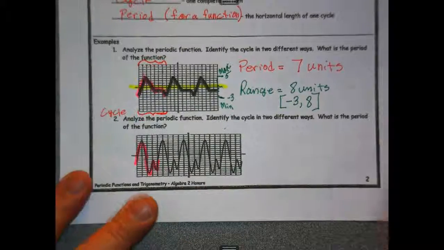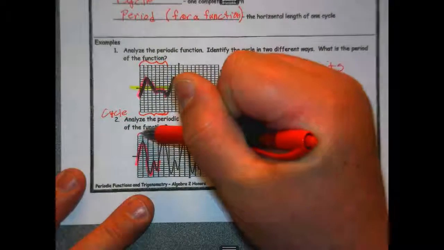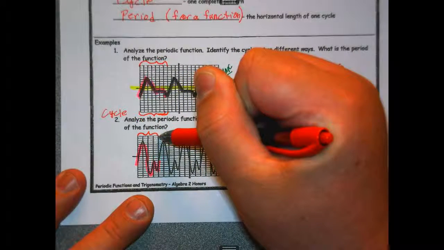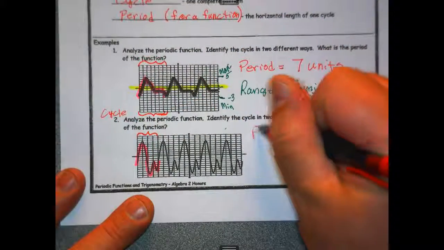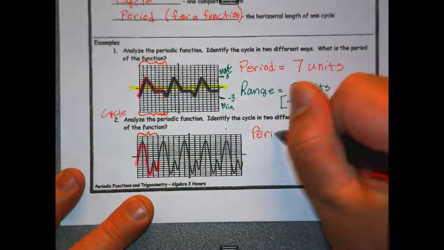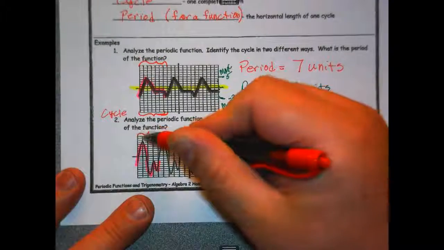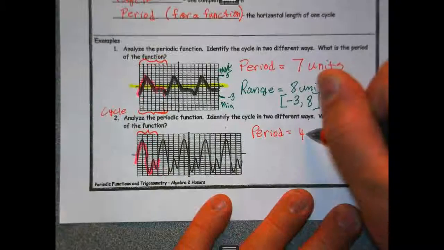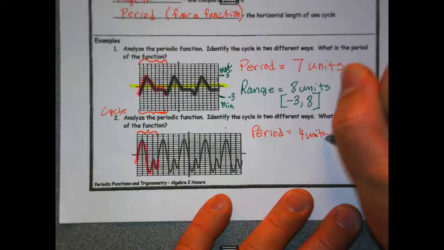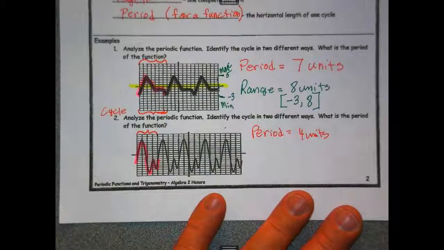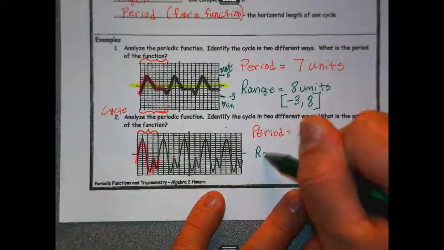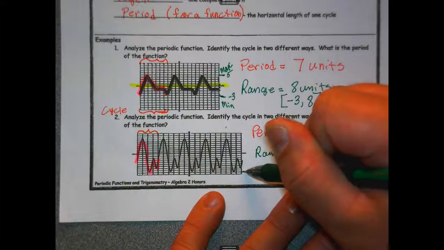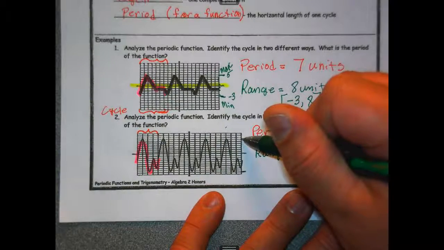This would be my period from here to here. So the period is going to be 1, 2, 3, 4 units. And the range is going to be from here to here.